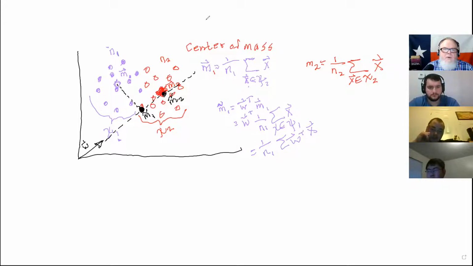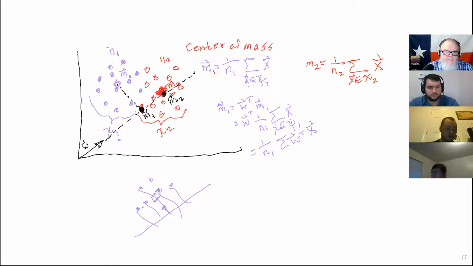When we project all of the blue stuff onto this line, here's the line, here's all of the blue stuff, we project onto this line. And then we have the center of mass here. And the center of mass is projected onto this line too. This is M1 twiddle.